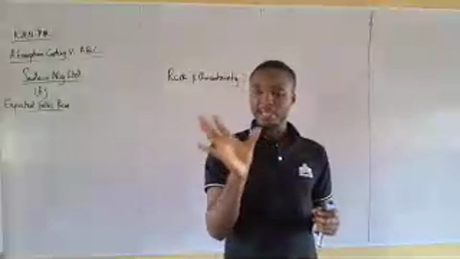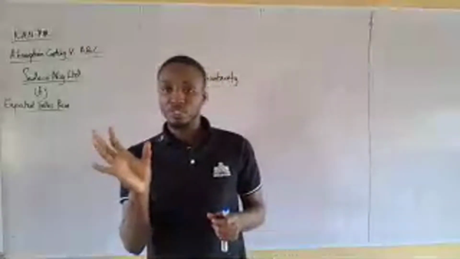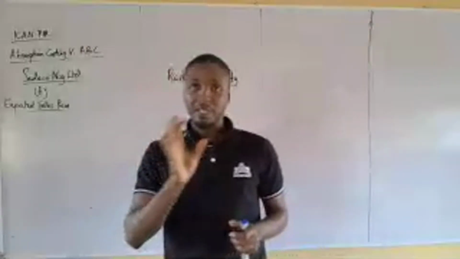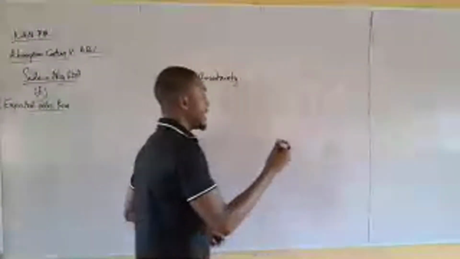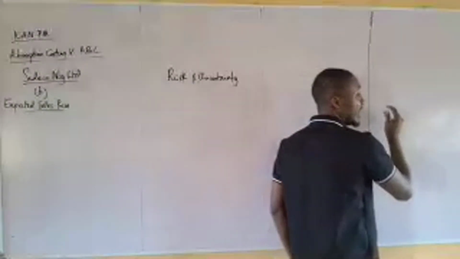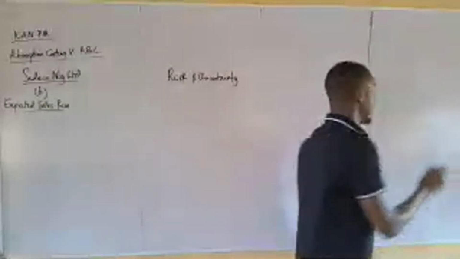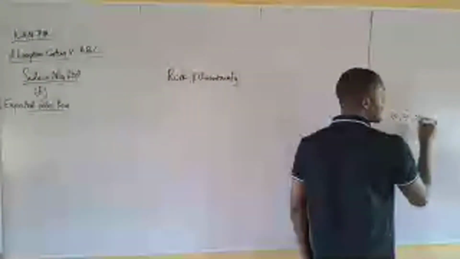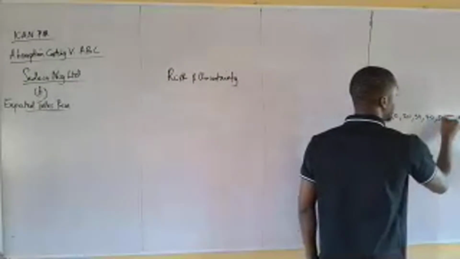So what the expected selling price does is that it uses probability to calculate an average. Normally, let's say we have 5 different selling prices: 20, 20, 30, 40, 50.